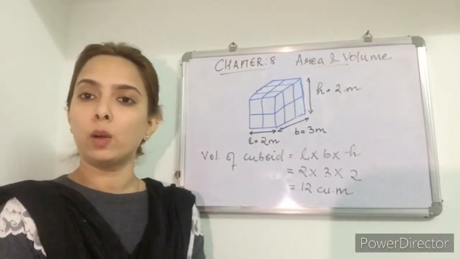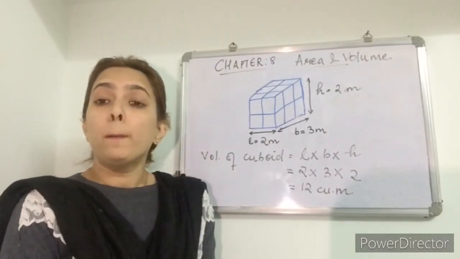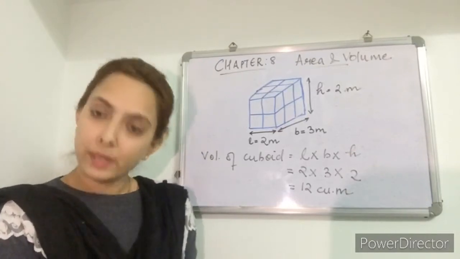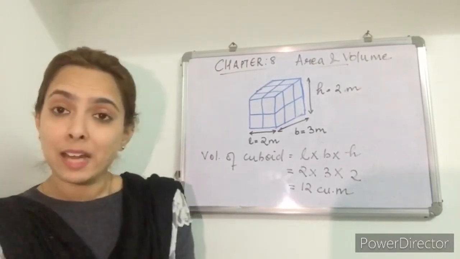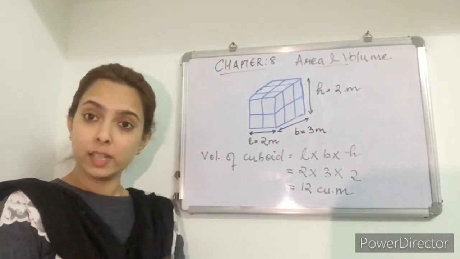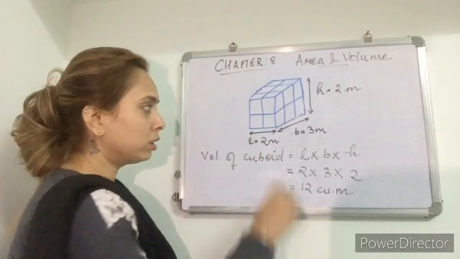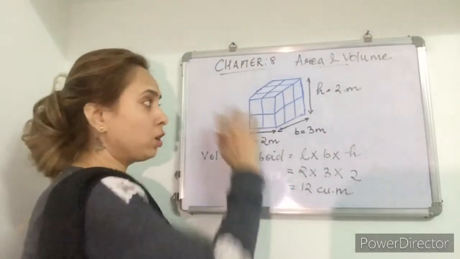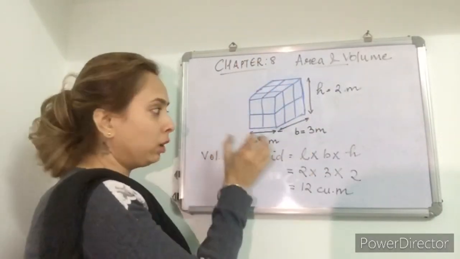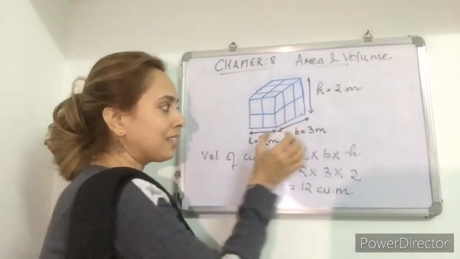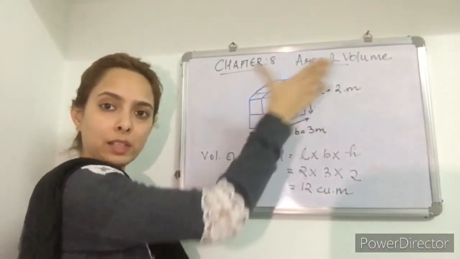This is the way of finding out the volume of a cuboid with the help of given pictures. So every time you have to find out which is the length, which is the breadth, and which is the height, and then count the cubes. Not all the cubes, only the cubes which are given to us near the length, breadth and height.